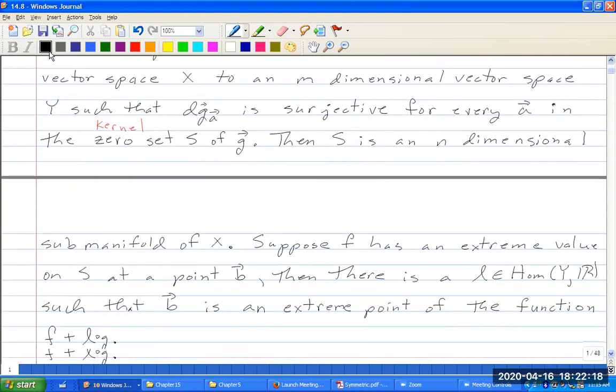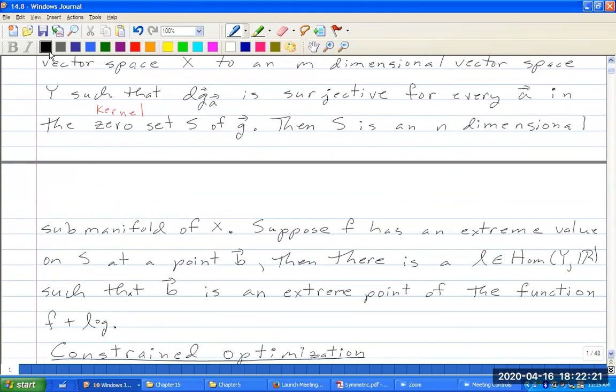Suppose that F has an extreme value on S, at point B. Then there is an L, a linear functional, actually, from Y to R, such that B is an extreme point of the new function, F plus L composed with G. Again, remember that as a linear mapping, this will become a multiplication.